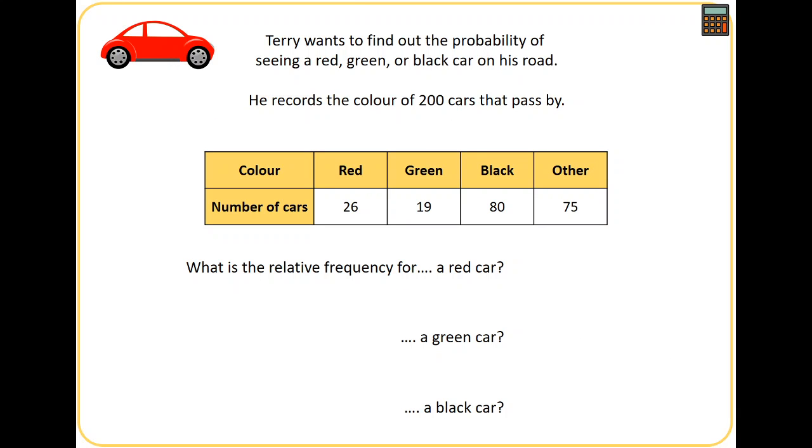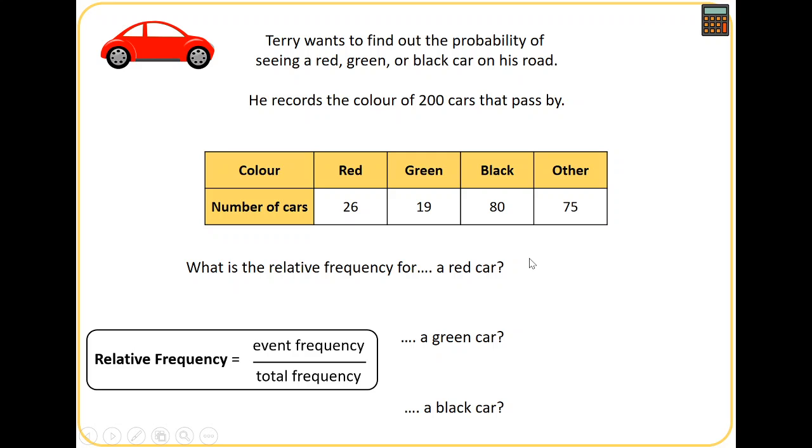Okay, another one then. So same process. We've now got Terry, who wants to find out the probability of seeing a red, green or black car on his road. So he's recorded the colour out of 200 cars as they pass by. So 200 cars, if you weren't sure about that, you could always add up the number of cars separately. So the relative frequency for a red car would be the number of red cars out of how many there is altogether, which is 200.